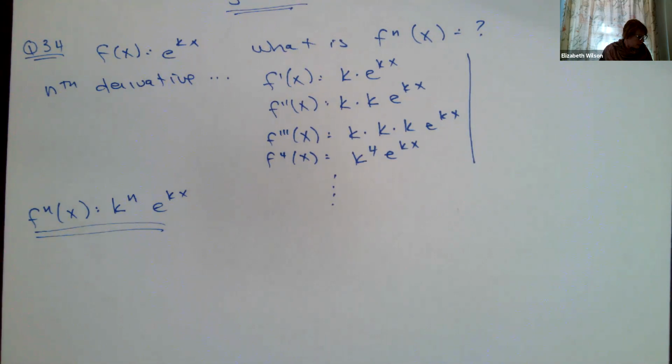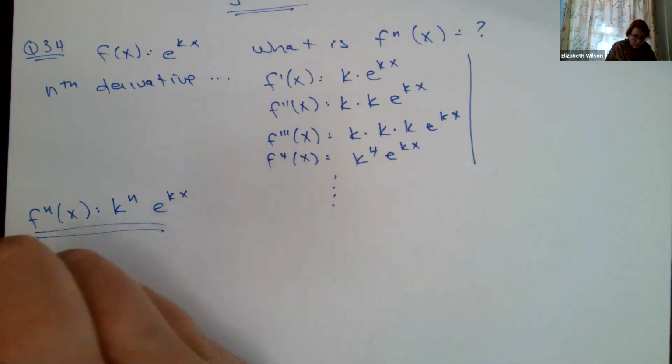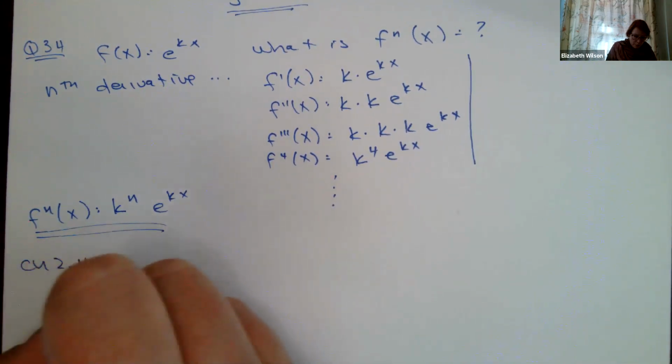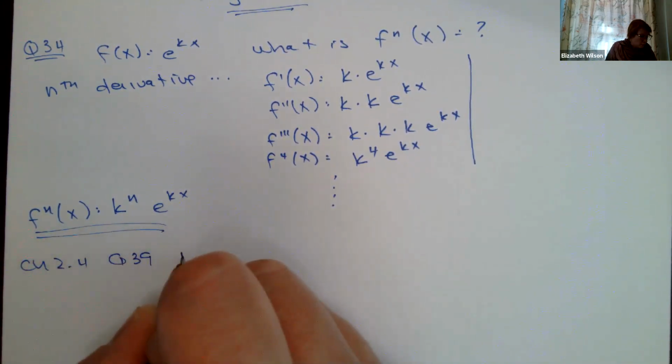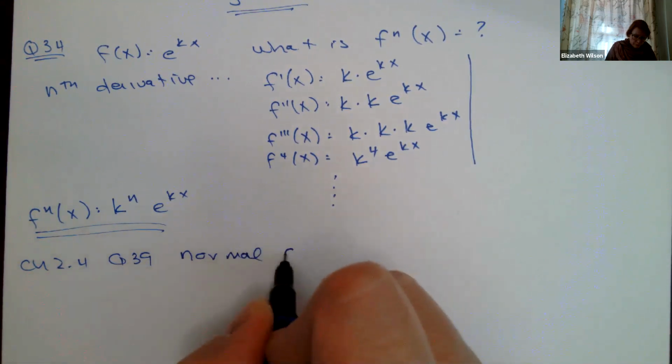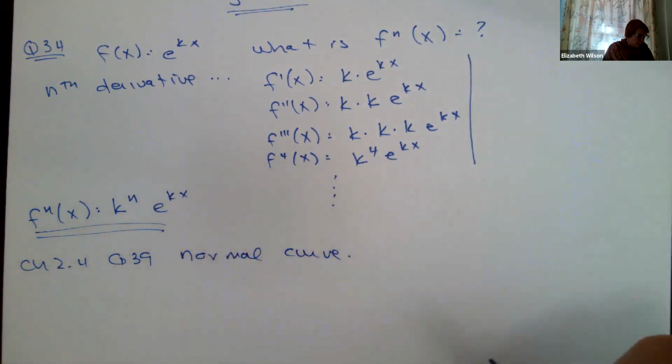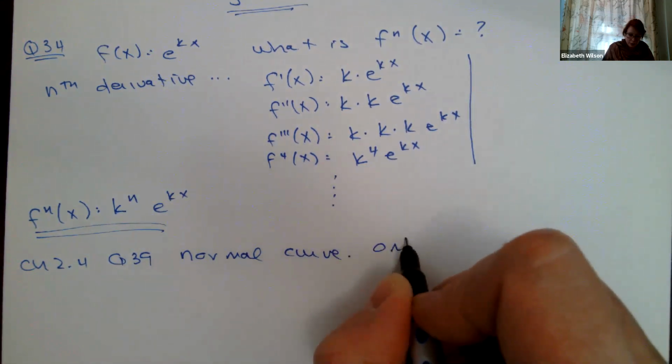For 39, this is like our normal curve. Did we put up 39 online already? I think we may have put up chapter 2.4, question 39, our normal curve, with its critical points and inflection points.